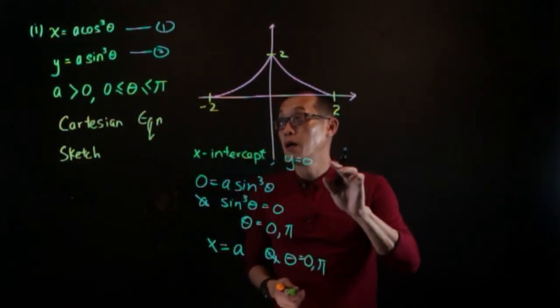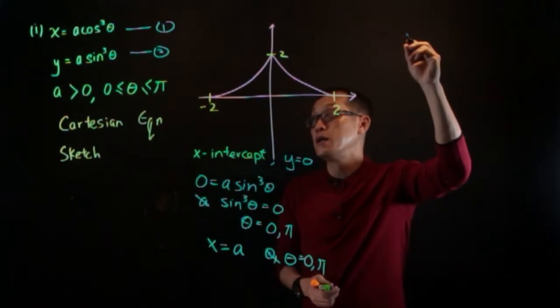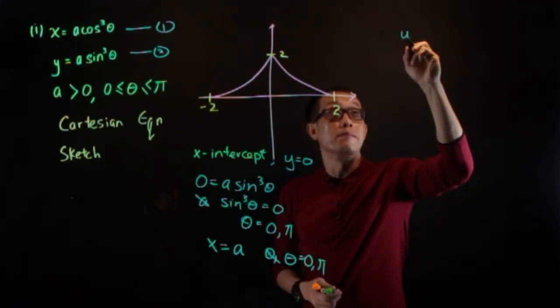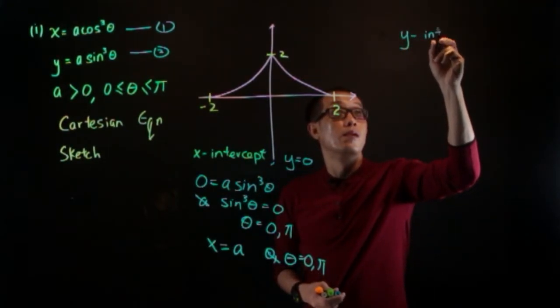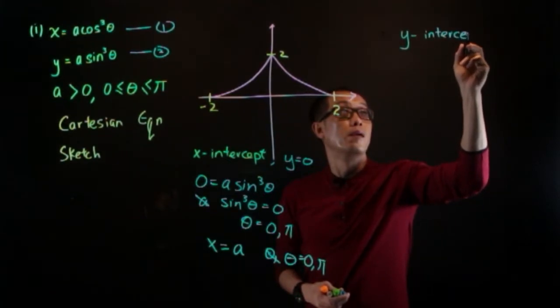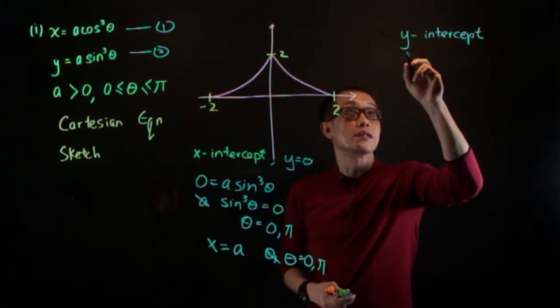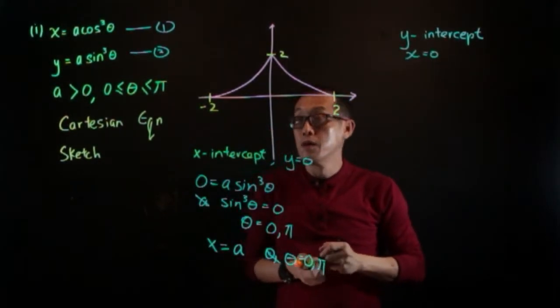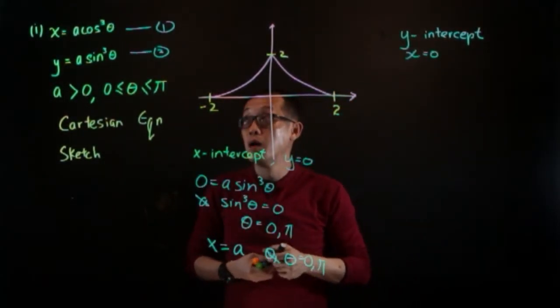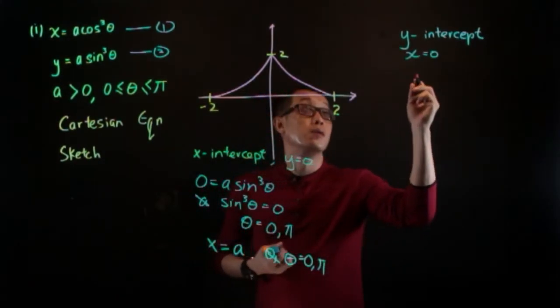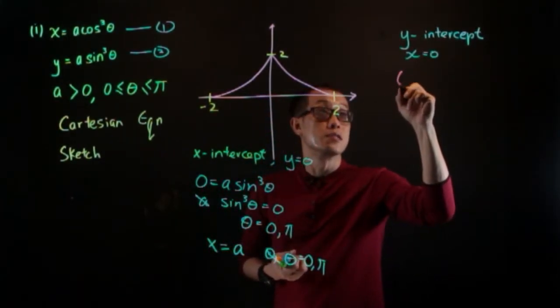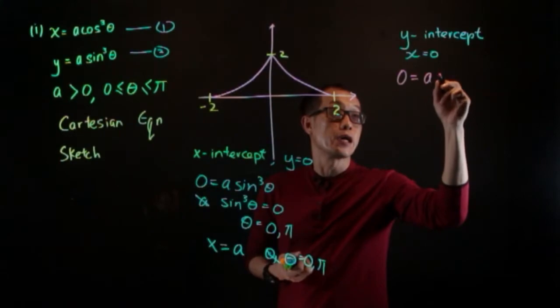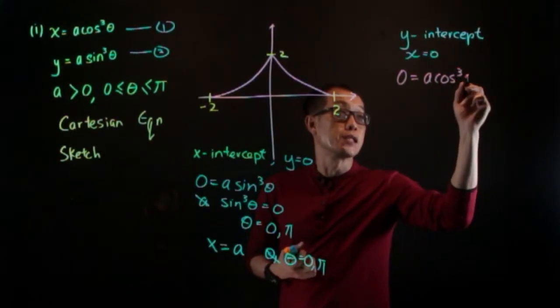How about the y-intercept? For the y-intercept, x is equal to 0. So you get 0 equals a cos cubed theta.